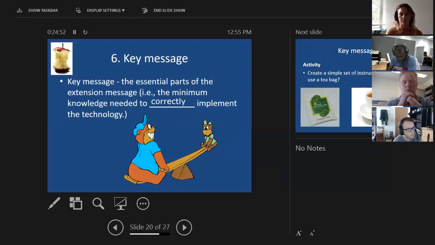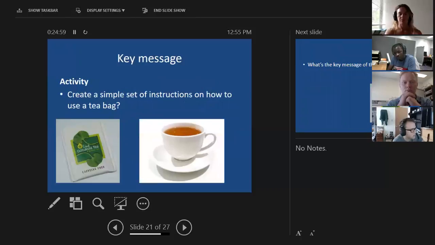What I'm going to do is get you thinking about the key message, because this is something some people struggle with. We've got an activity there. Create a simple set of instructions on how to use a tea bag. Take 2 minutes. From start to finish, you've got the tea bag on the left and the cup of tea on the right. What's the key message to get from the tea bag to a cup of tea? Jot down your steps and then we'll ask.